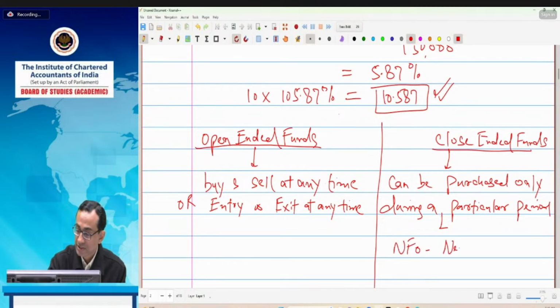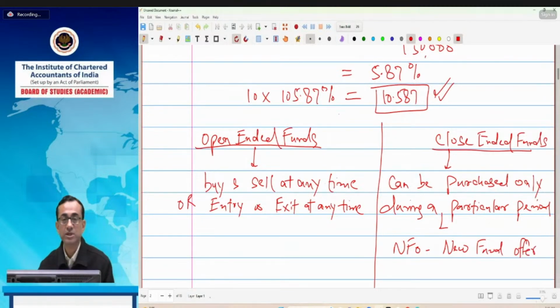NFO is a new fund offer. It is just like an IPO, that is initial public offer, in case of shares. So the term NFO is used in case of mutual funds.